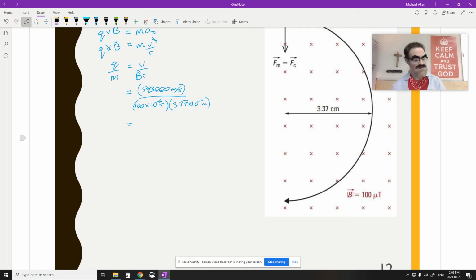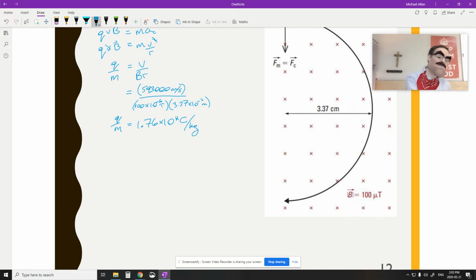I'm going to punch out my calculator really quickly here. So we get a number for the charge to mass ratio of this particle to be 1.76 times 10 to the 11 coulombs per kilogram.